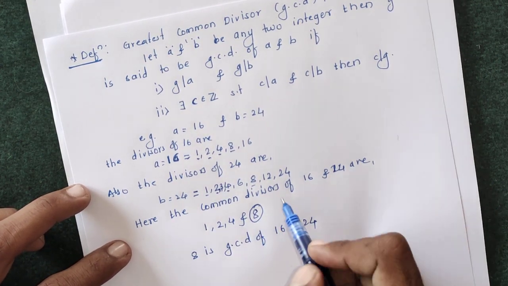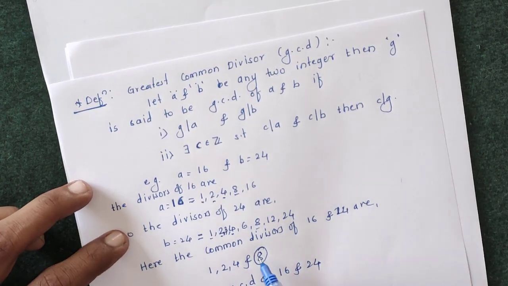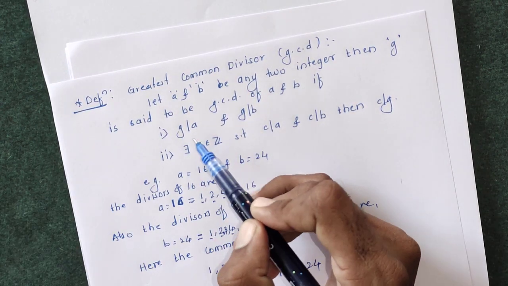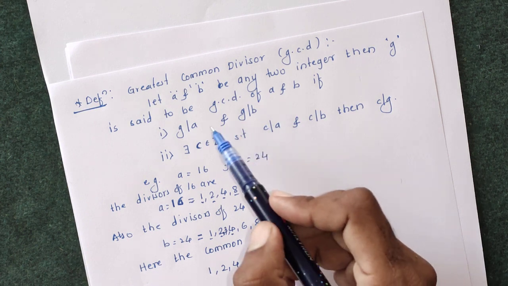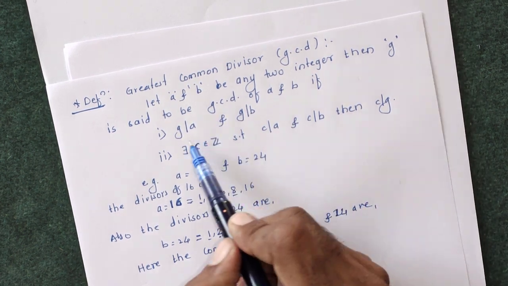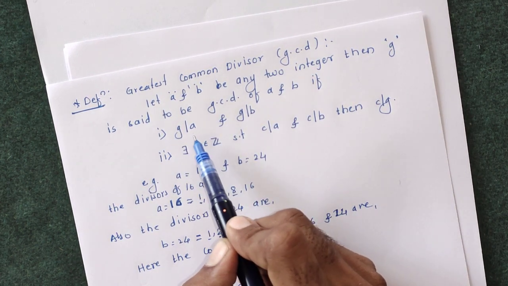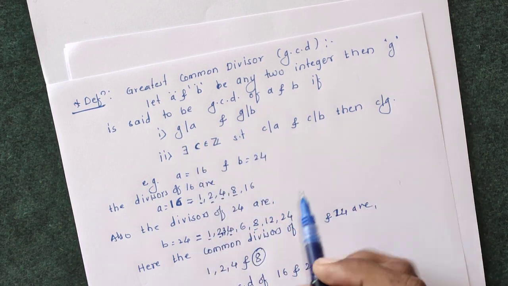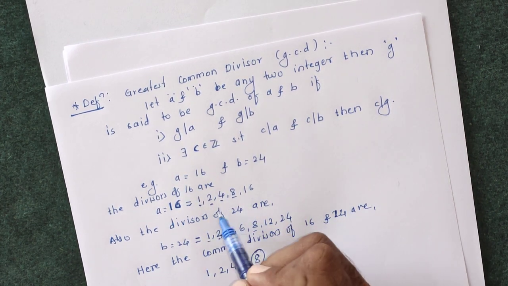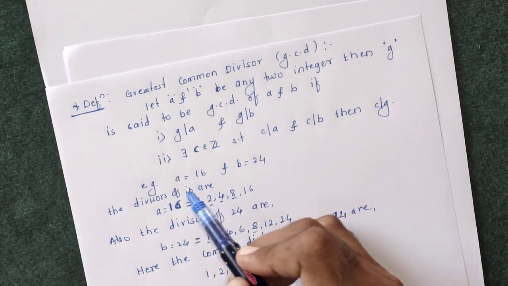We will check the conditions. Here 8 is G. The two properties of greatest common divisor are: our greatest common divisor must divide A and B. Here 8 divides 16 and 8 divides 24, so the first condition is satisfied.